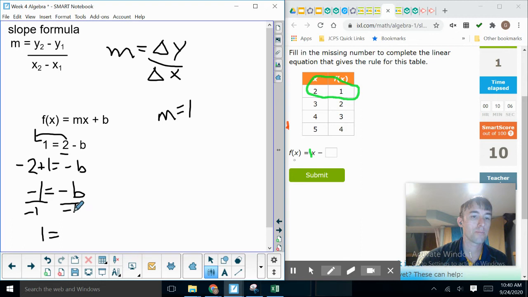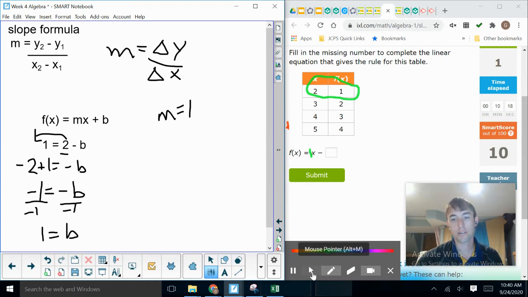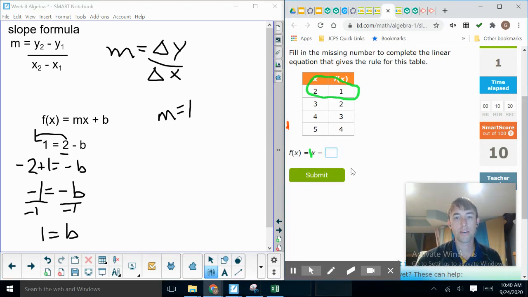We're dividing by that same number to find the inverse, and therefore b equals 1. So that's what we're going to enter here: b for f of x equals mx plus b, b equals 1.